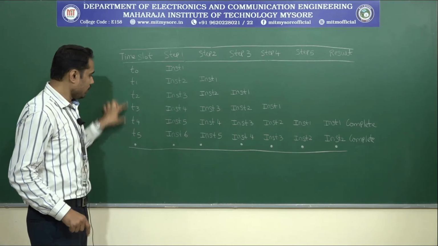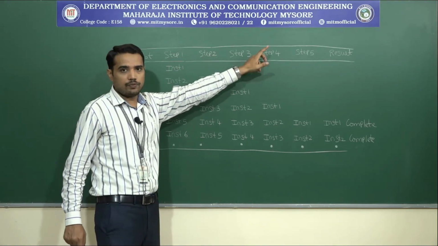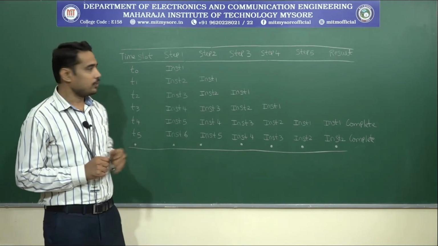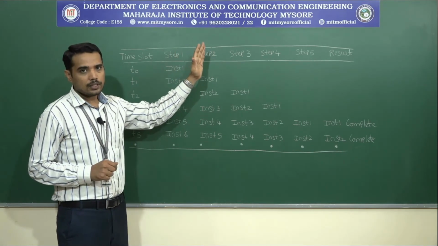This is the time, vertical. The horizontal is given in terms of the number of steps taken to execute a single instruction. These steps are nothing but the various levels.